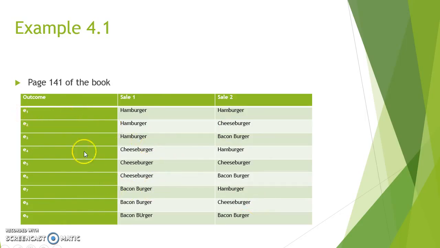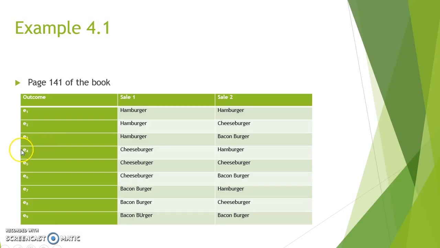The way that you read this table is, for the first experiment, 2 people go into the restaurant, Five Guys. If the first person picks a hamburger, the second person can pick a hamburger as well. In the second experiment, if the first person picks a hamburger, the second person can pick a cheeseburger. If the first person picks a hamburger, the second person can pick a bacon burger.